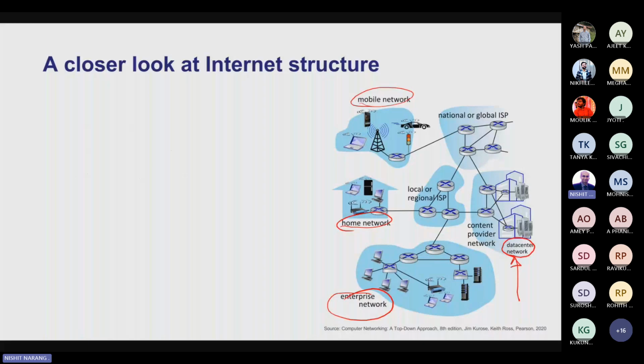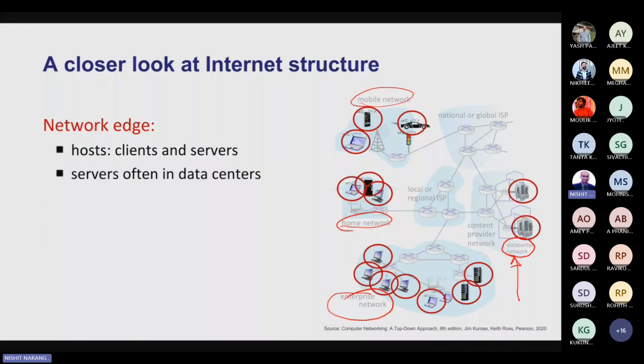When we talked about the edge devices, we talked about client machines sitting on edge nodes. But we also talked about the server machines, which we said were also at the edge of the internet. At that point in time, we made the statement that most of the time your server machines are hosted or kept in some data centers. Even before cloud computing came in, the concept of data center was still there.